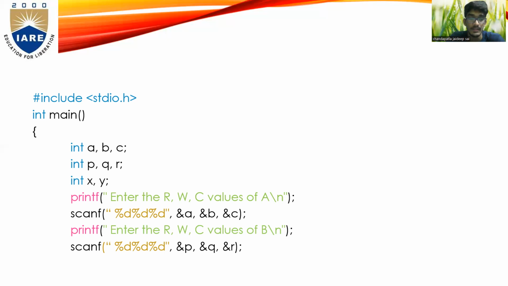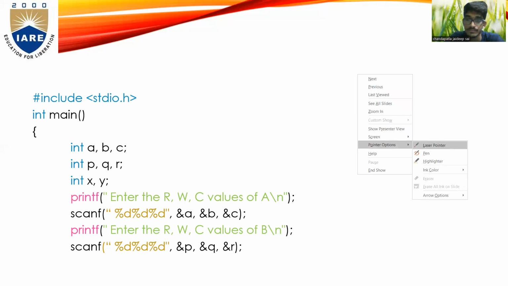So we are using the function printf, and we are opening the brackets, and using the double quotes to print the message: enter the r, w, c values of a, and we are also using the \n. So here we can see the \n. I will use the pointer option.